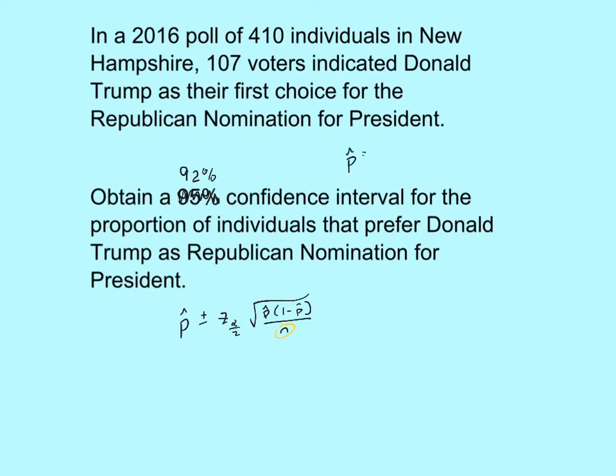P hat, our sample proportion, 107 out of 410, and plug that into your calculator, and you get about 26%, 0.261 if you round, but I'm going to go to the nearest hundredth, 0.26. So that's the first piece, and that goes in 3 different locations in our confidence interval formula.